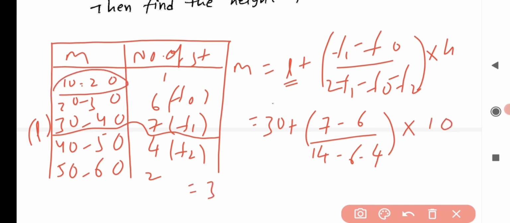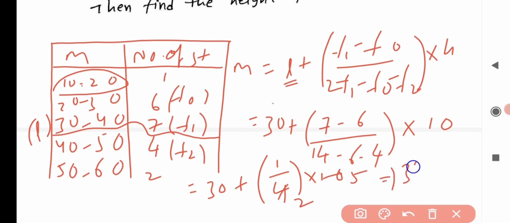Next, 30 plus 7 minus 6 is 1. So 14 minus 4 is 10, 10 minus 6 is 4, into 10. So 2 2s are, 2 5s are. Okay, 30 plus 5 by 2 means what? 2.5. So final answer 32.5. This is your answer.